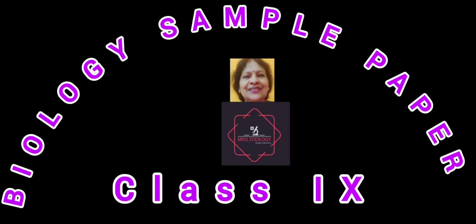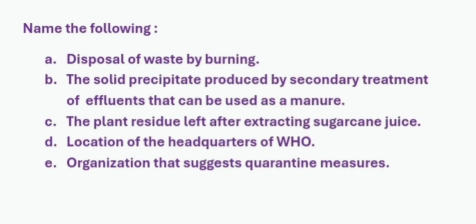This is a biology sample paper for the students of class 9. It comprises 8 different questions with 5 subparts each. You are supposed to attempt the questions and try out all the answers without referring to the textbook.